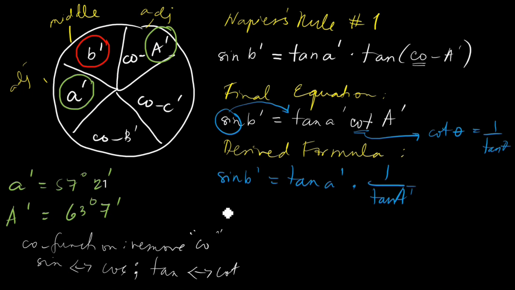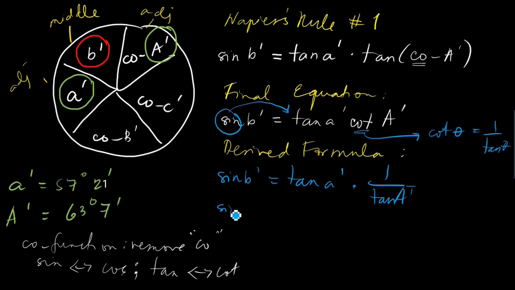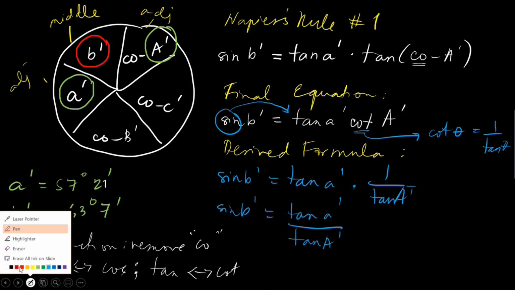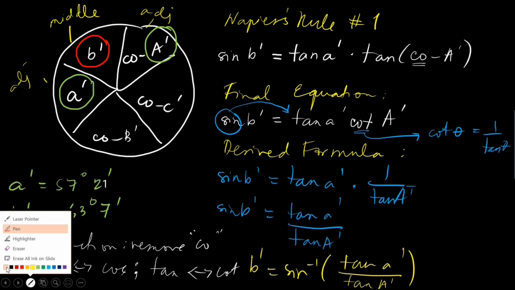So sine B prime equals tangent of a prime over tangent of the big A prime. Then we can already move sine to the other side. So B prime equals arc sine of the tangent of a prime over the tangent of the big A prime.